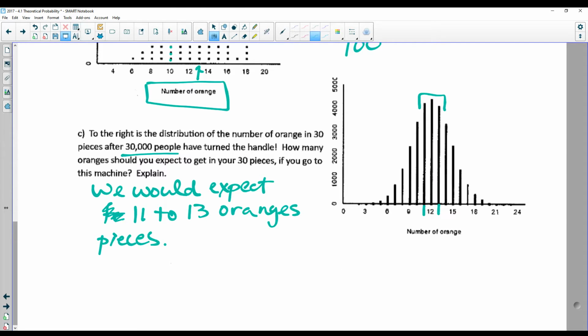Yeah, that could certainly happen, but that is not typical because 11 to 13 is the most likely result. Okay, all right. Use this for your other example.